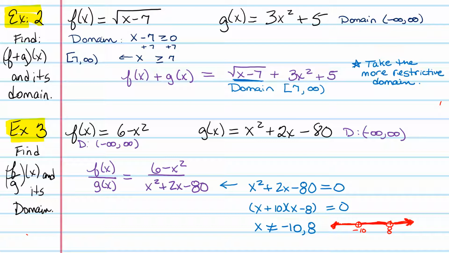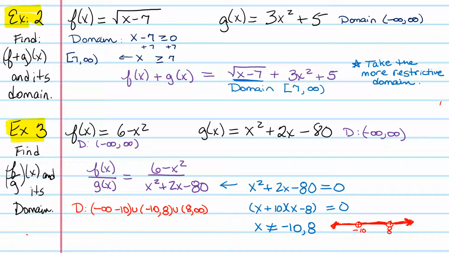So I have three little sections. So my domain is going to be negative infinity to negative 10, then the middle section negative 10 to 8, and then the right-hand section would be 8 to positive infinity. And I'll put my little unions in here for symbolism's sake.